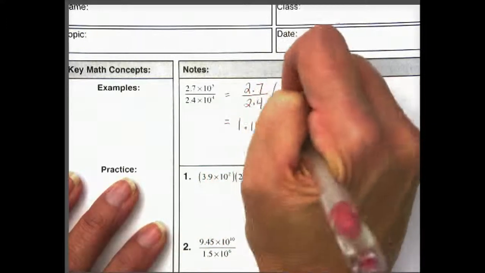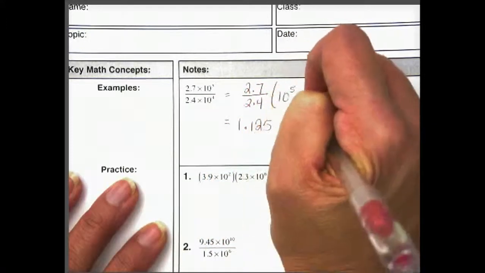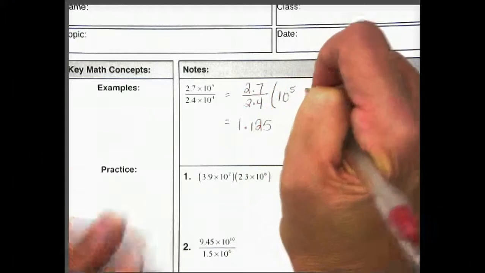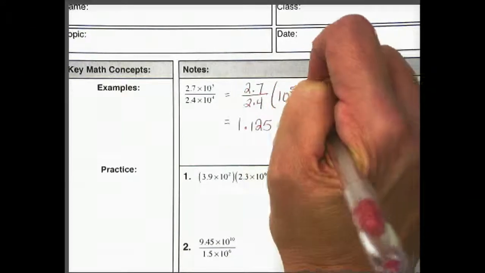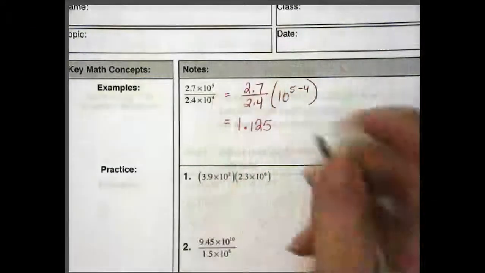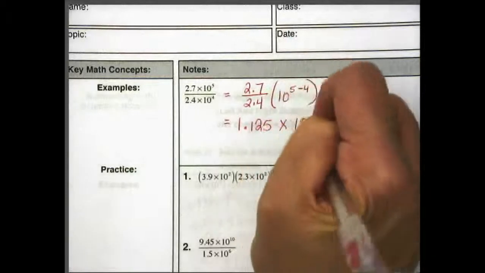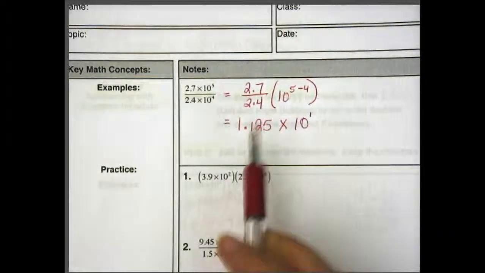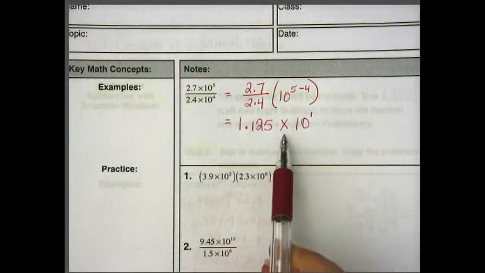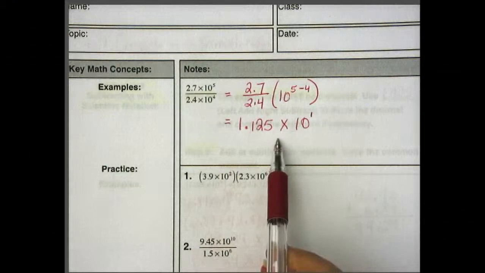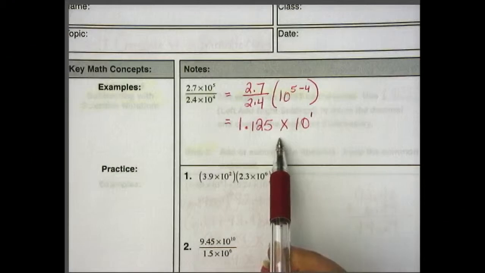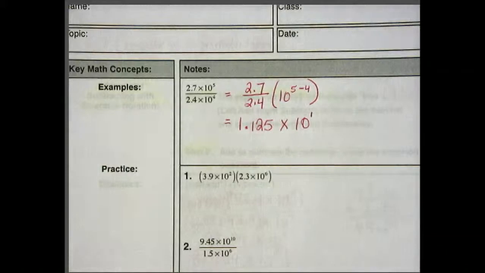So then we have times 10 to the 5th minus 4 because we're dividing. So times 10 to the 1st. And here everything is written in perfect form. So we really don't need to change anything around. It's all written as it should be.